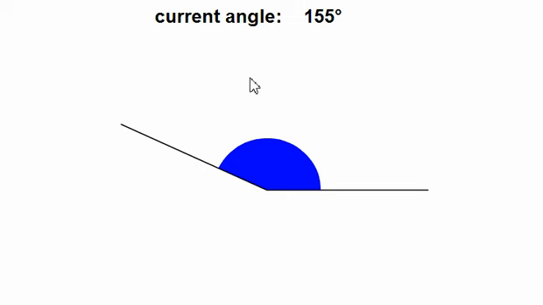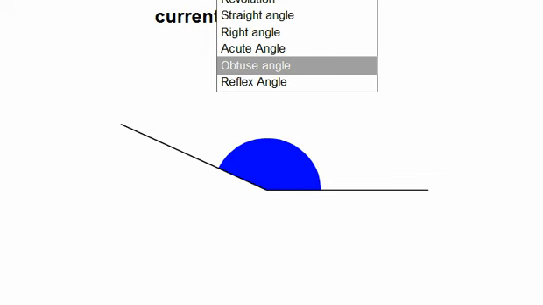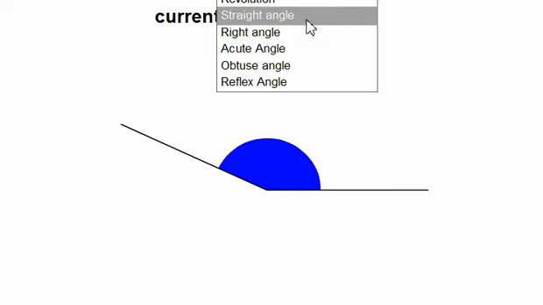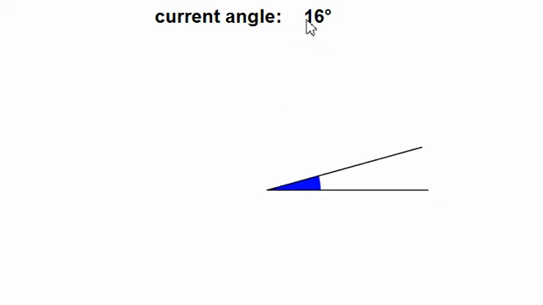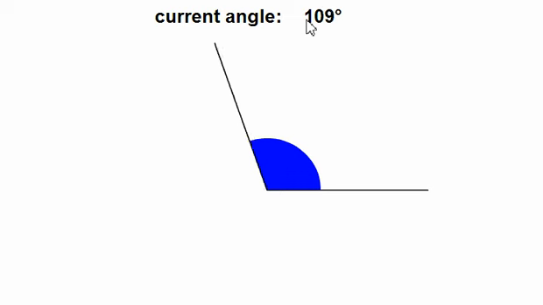But it doesn't stop there, it can continue up to almost 179, because my next step is the straight angle that goes and stops at 180 degrees. Here it is.